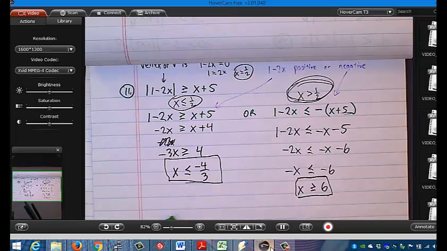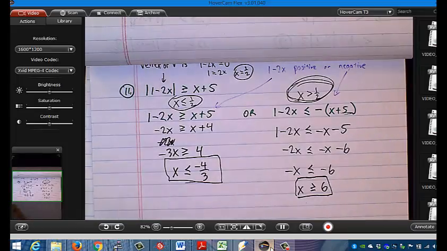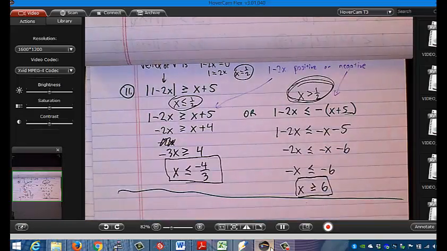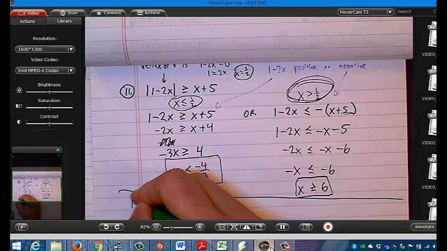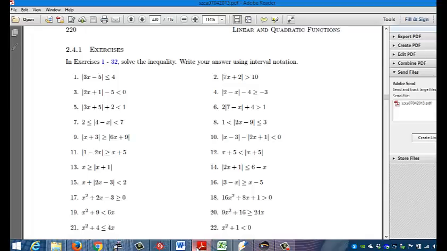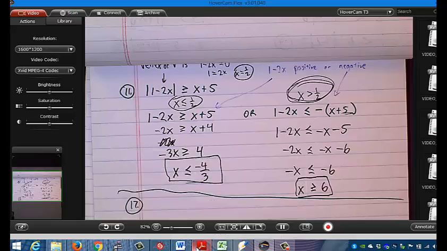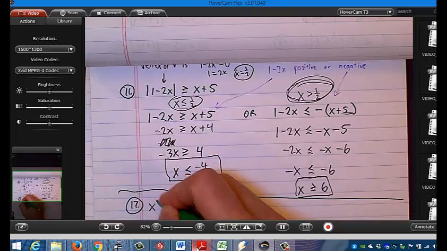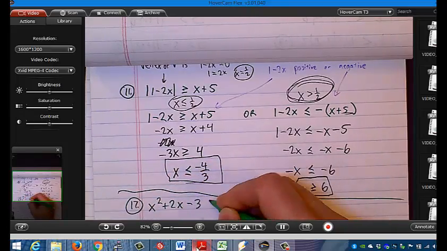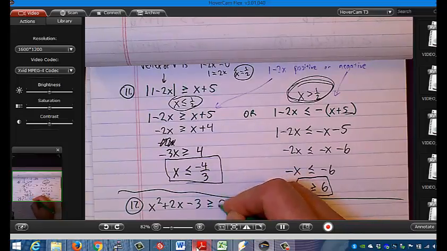Okay. Quadratic. Let's do a quadratic problem. I'd like number 17 next. It says x squared plus 2x minus 3 is greater than or equal to 0.